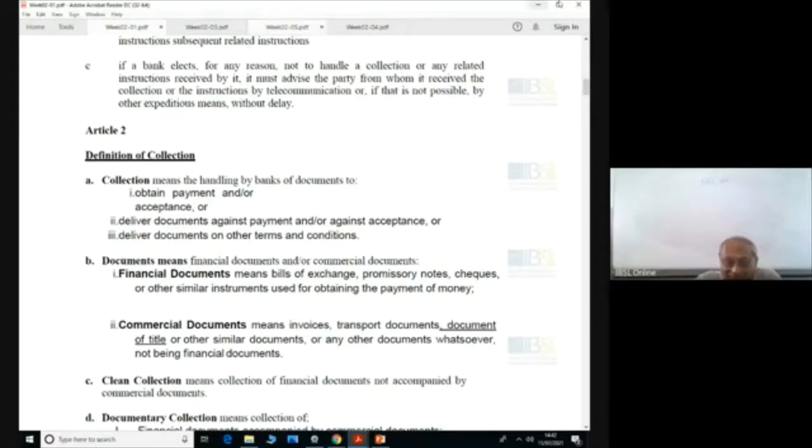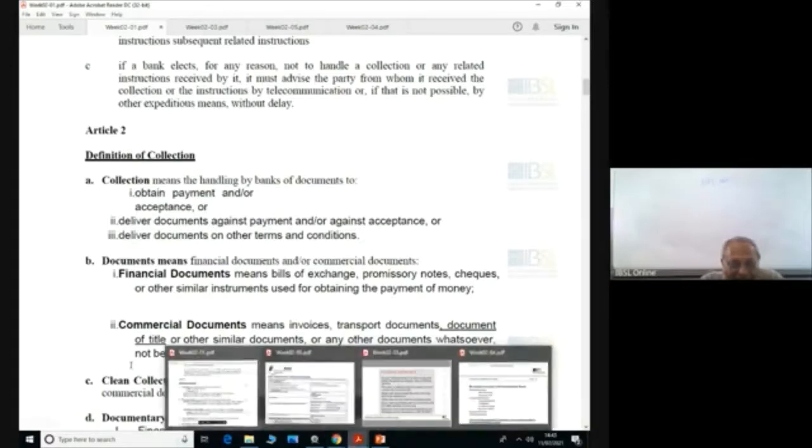Now, having said that, now I'm talking about the definition of collection. It is there. Method clean collection. Article 2C, clean collection. Clean collection means collection of financial documents not accompanied by commercial documents. You saw? Article 2C.